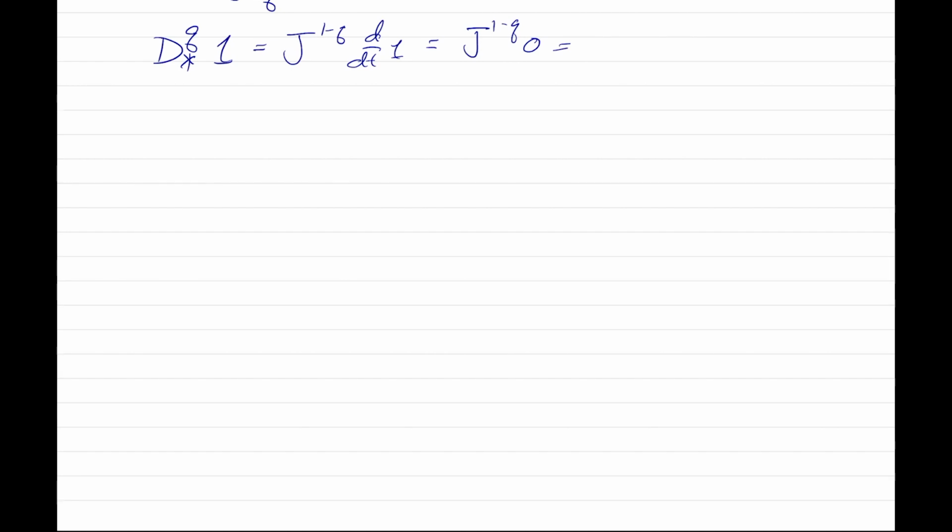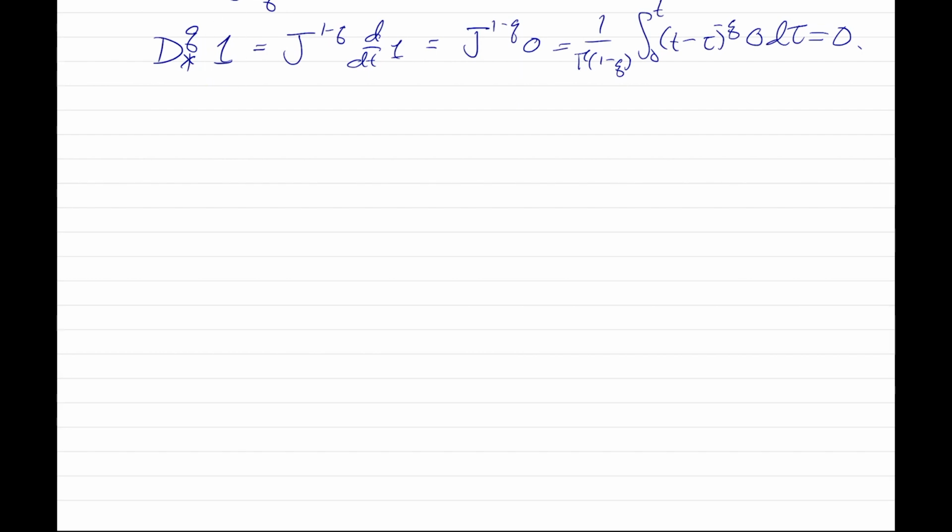If we write it out, it's 1 over gamma(1-q) times the integral from 0 to t of (t-tau)^(-q) times 0 d tau. So it doesn't matter what this guy is doing, it's always 0. So the fractional derivative of a constant function is 0.